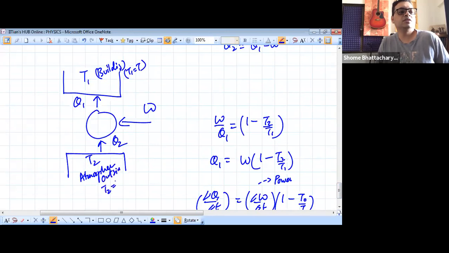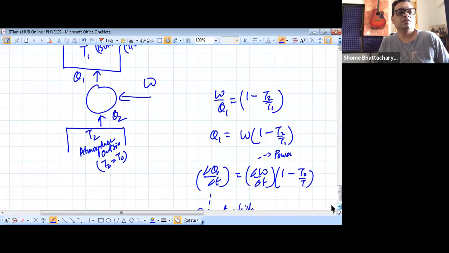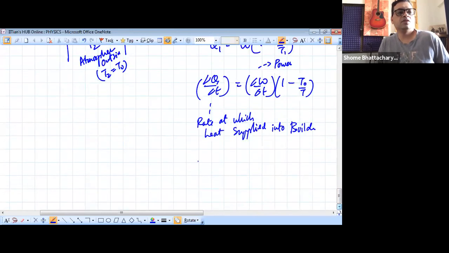So T2 is equal to T0. Okay. So this is your relation for delta Q by delta T supplied, that is equal to the power into 1 minus T0 by T.